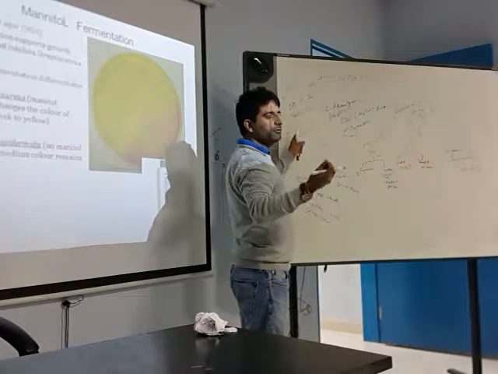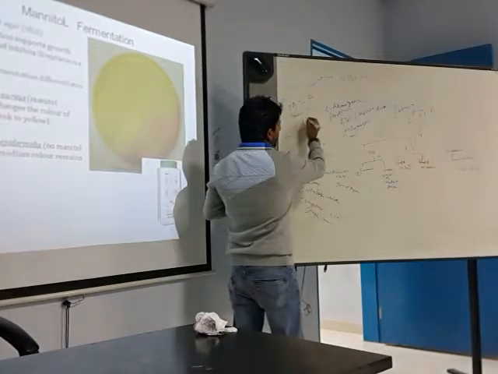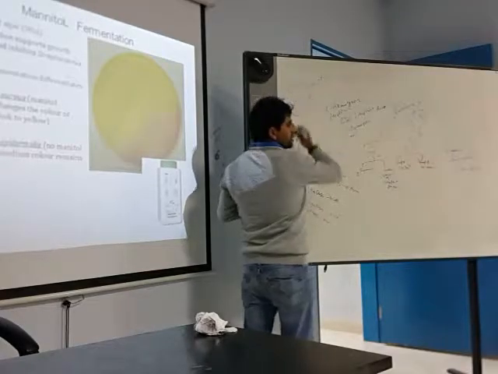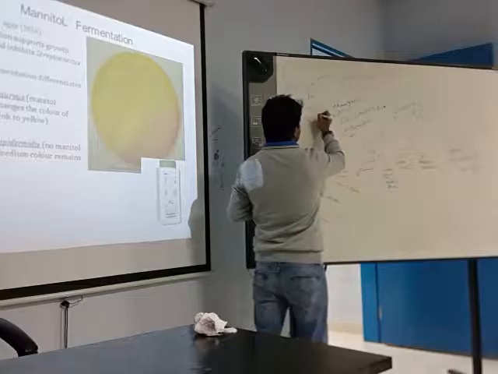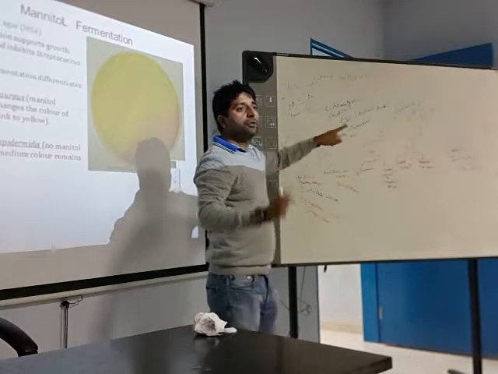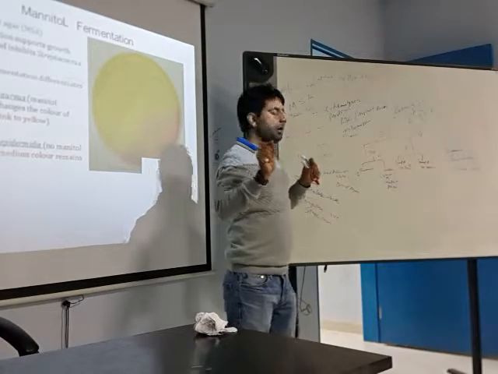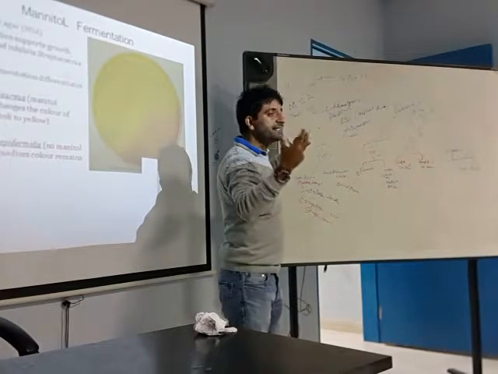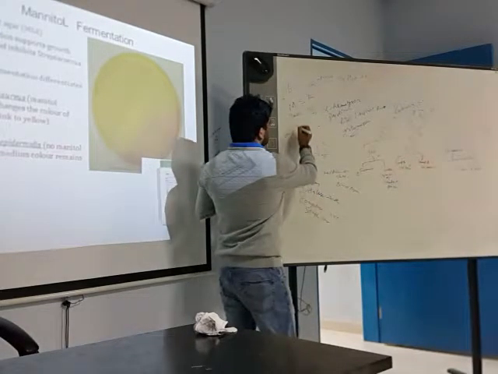If it does not ferment the sugar, then it is epidermidis. And second, this medium has around 7 to 8% salt concentration. This salt concentration will not allow other microbes to grow. It helps only microbes that can survive in higher salt concentration, like Staph aureus to grow.